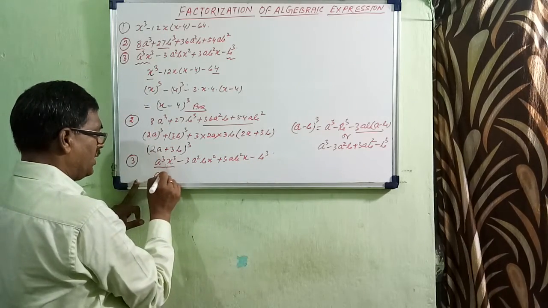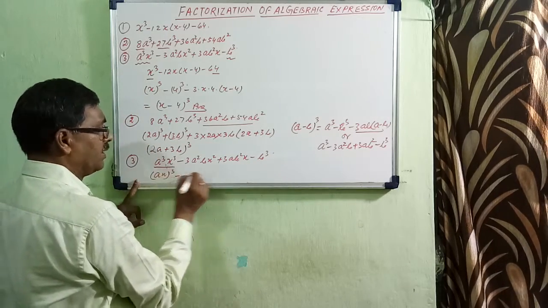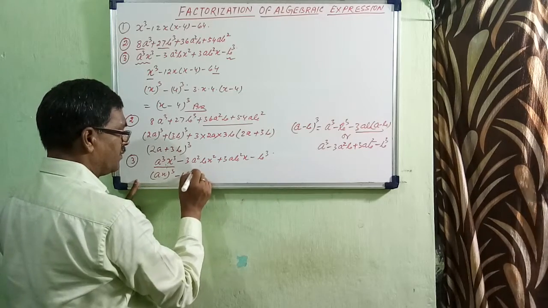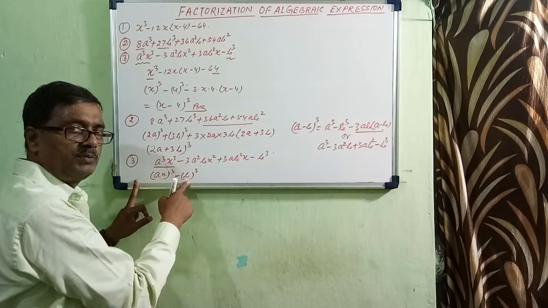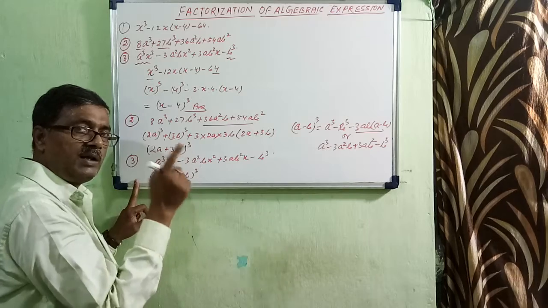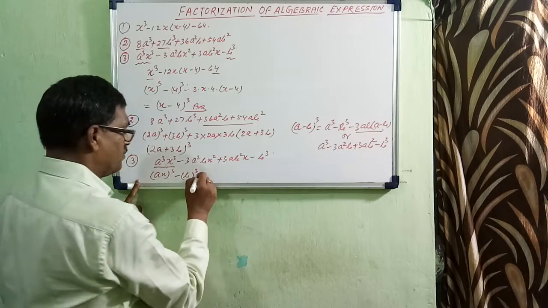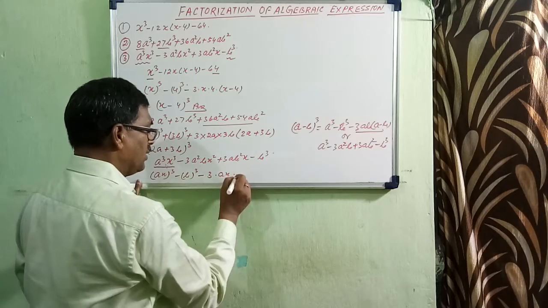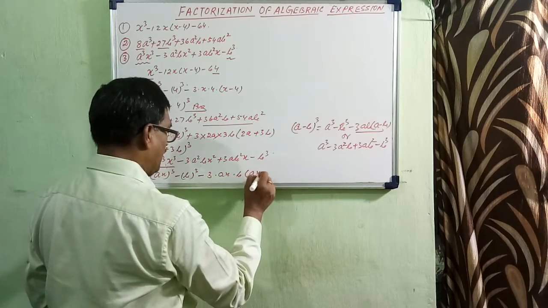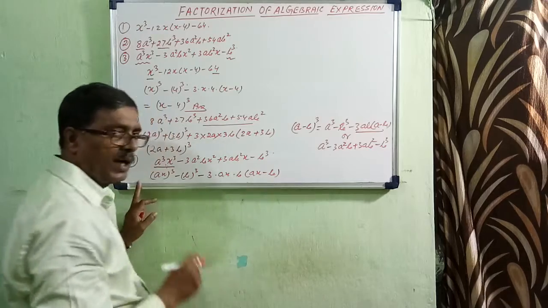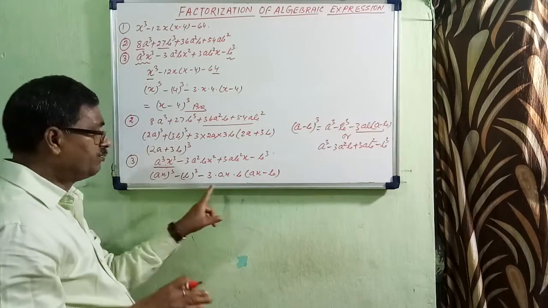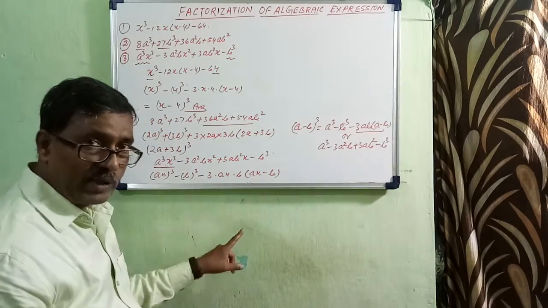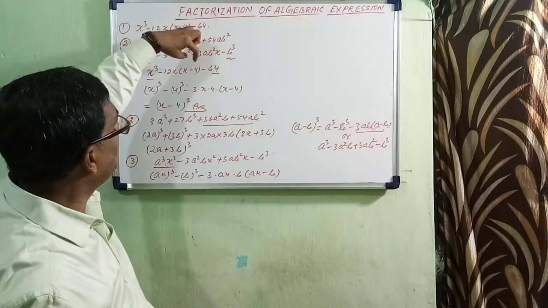First you take this one, (ax) whole cube minus b cube. I got a cube minus b cube. What is the formula? Minus 3ab into (a minus b). So minus 3 into ax into b into (ax minus b). I wrote in that form.